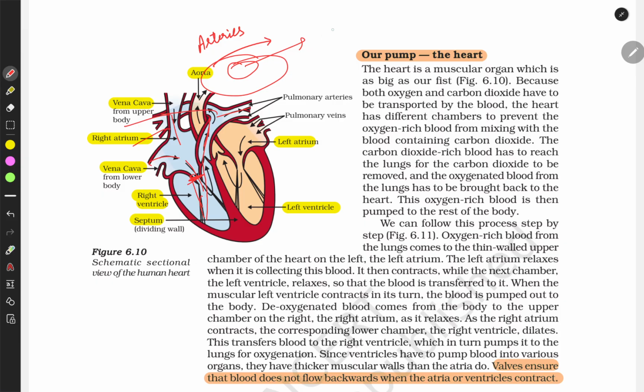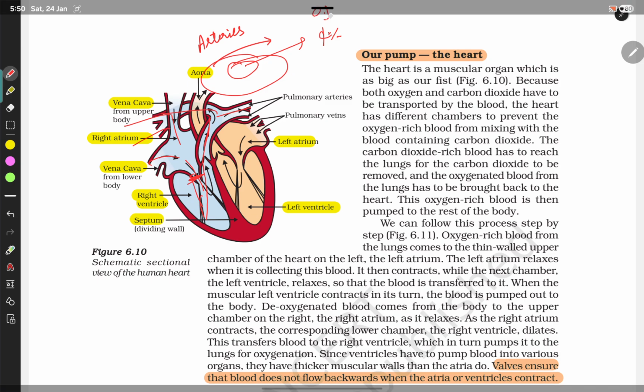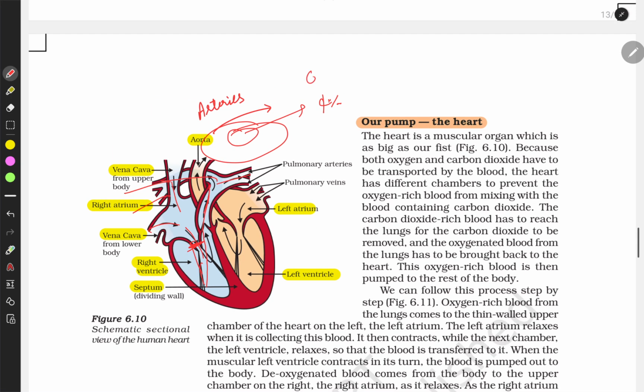In the deoxygenated blood, we have around 4% carbon dioxide, and in the atmosphere we have 0.03% carbon dioxide. The atmosphere has 20% oxygen, and deoxygenated blood has 16% oxygen. So through diffusion, these percentages become the same.